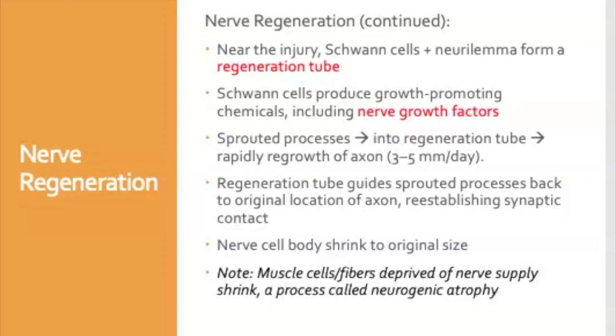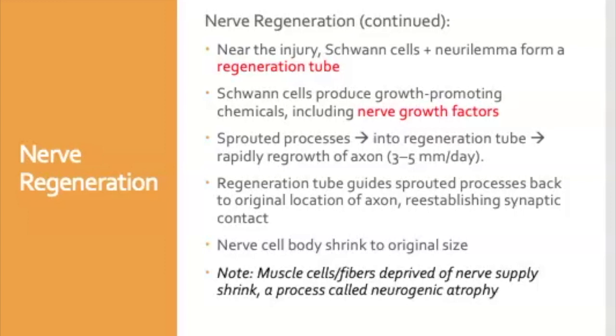That's going to help reestablish synaptic contact with other cells. Now, once those new sprouted processes have fully grown out and replaced the missing part of the axon, and once new synapses are established, the process is finished and the nerve cell body is going to shrink back down to its original size.